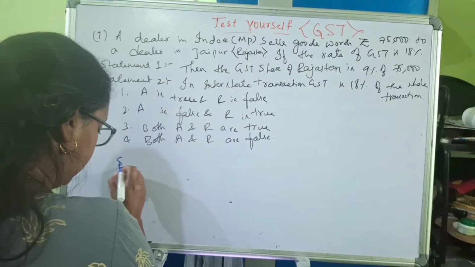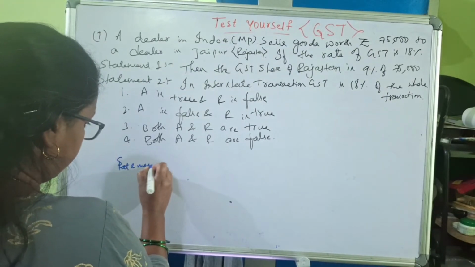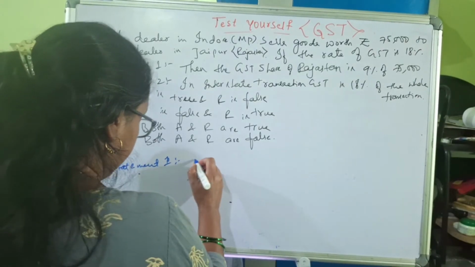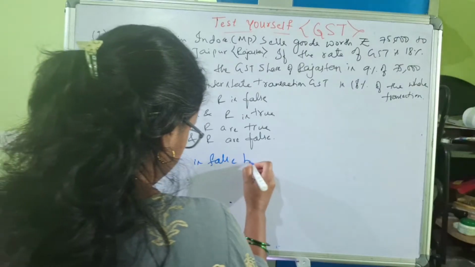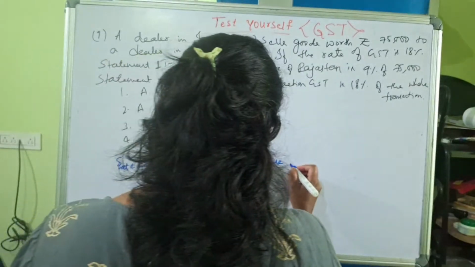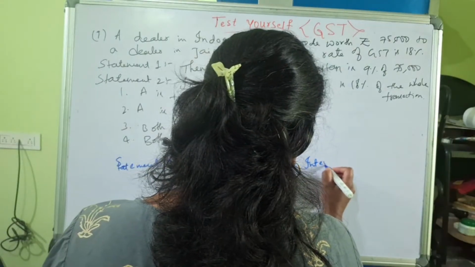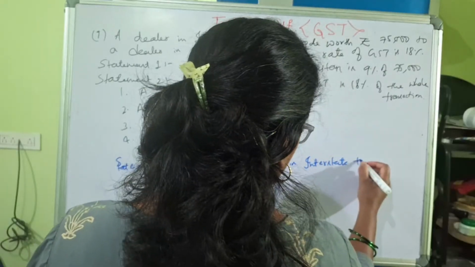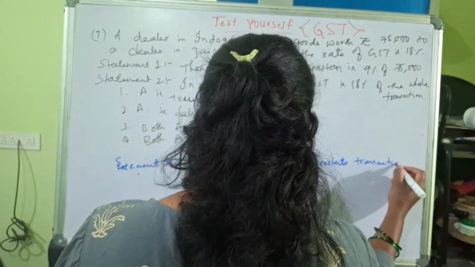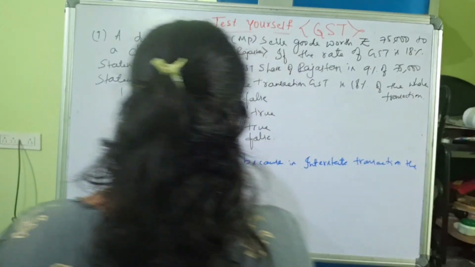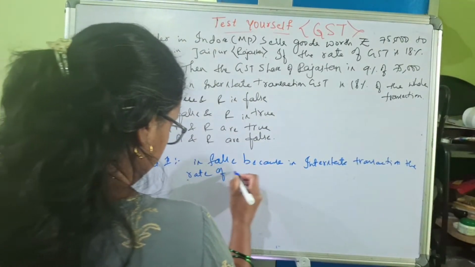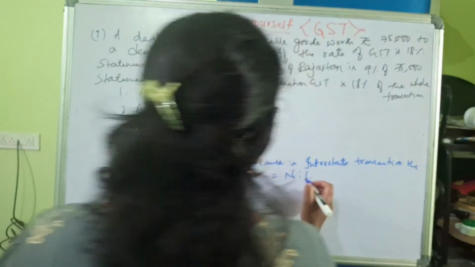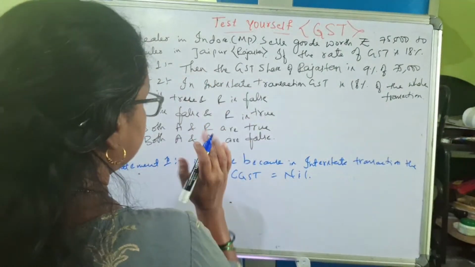Statement 1 is false because in interstate transaction, the rate of CGST is nil. So the first statement is false.